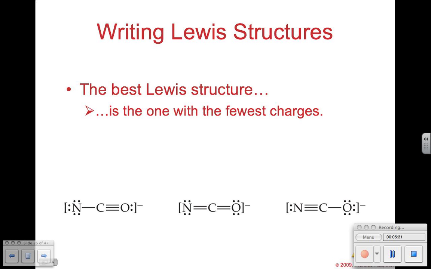Like I said, the best Lewis structure is the one with the fewest charges. So we've got 3 examples here, and we've got one where it's -2, 0, +1, and then the second one is -1, 0, 0, and the other one is 0, 0, -1.